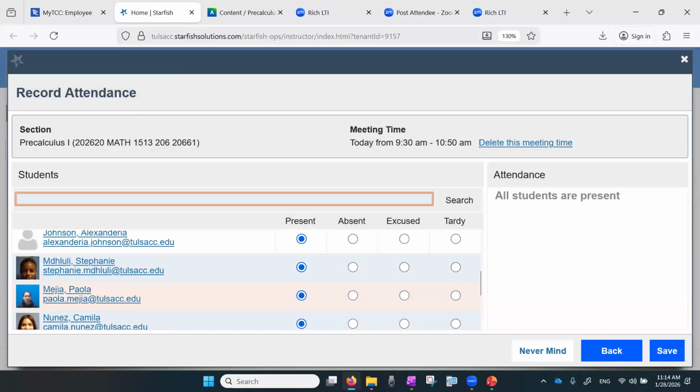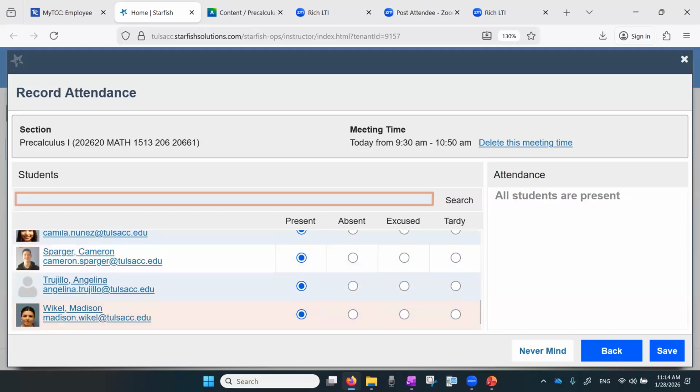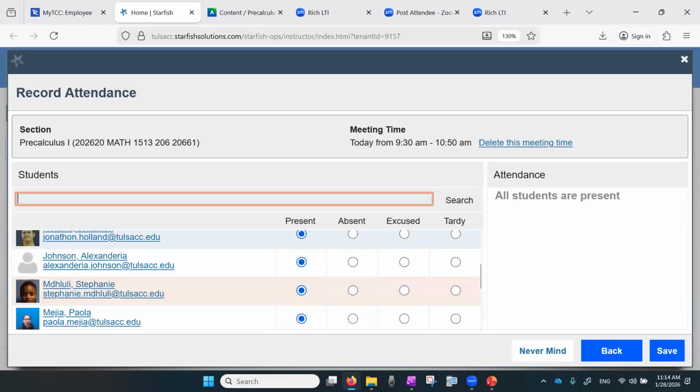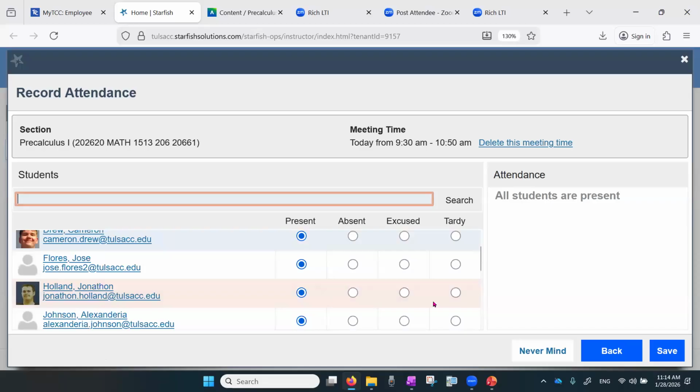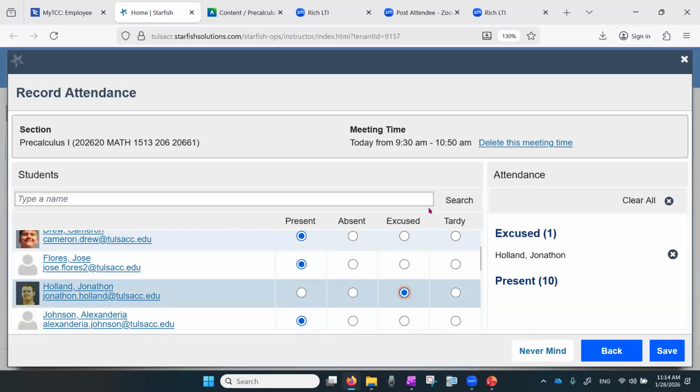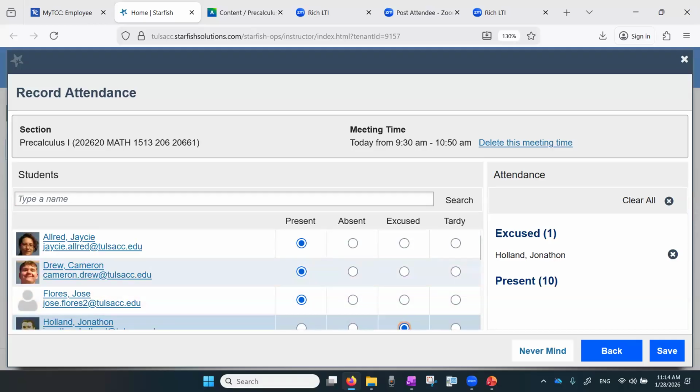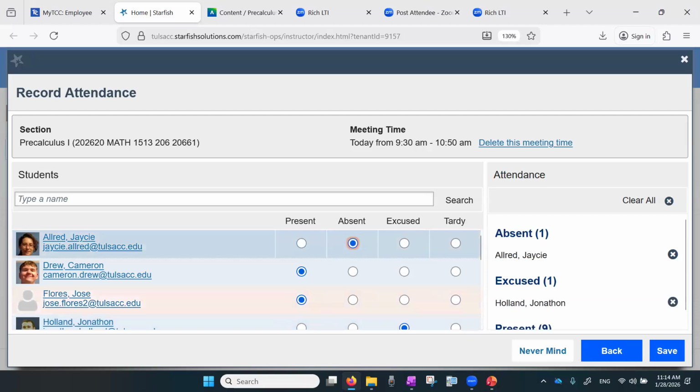Jonathan is excused. His power went out. Excused. Who else am I missing? JC? Is JC here? JC's not here. Cameron Drew is here.